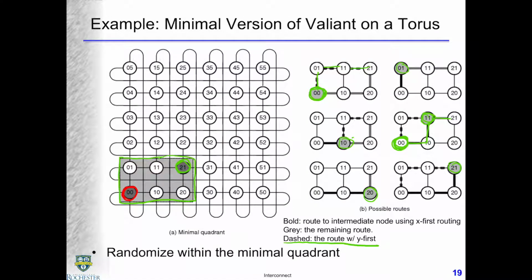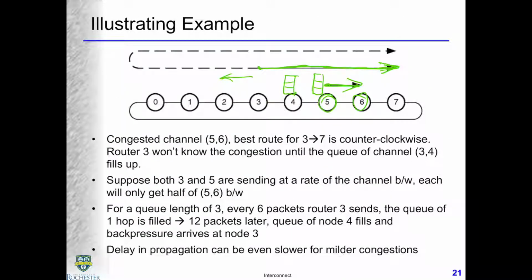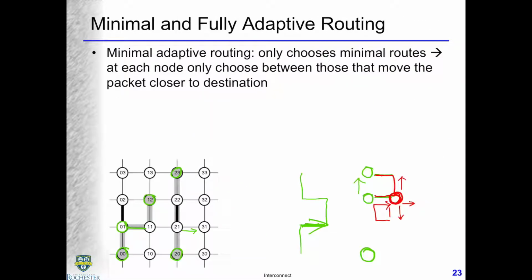Minimum adaptive, it's what we show here, that we will not misroute, like in this example. But if everything being equal, we will choose the lightly loaded channel, the channel with fewer packets in the queue than the one with more packets in the queue.